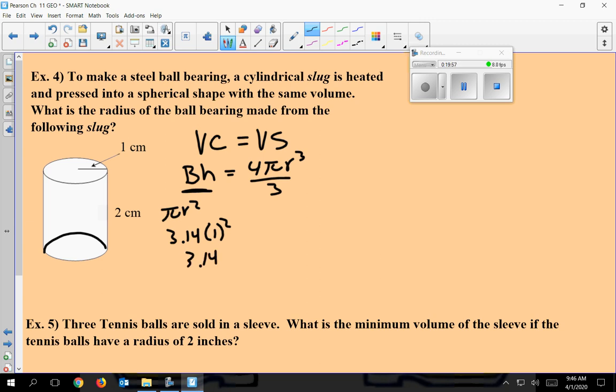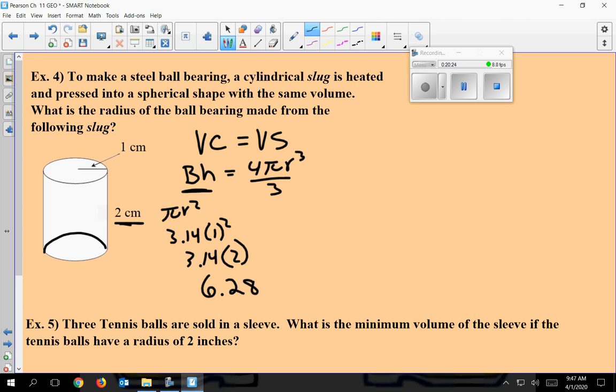Now I'm going to take that and multiply it by the height, and the height of this cylinder is 2. When I multiply all that out, I get the volume of the cylinder is 6.28. I want to be a little more accurate on this one, so I'm going to leave it as 6.28.